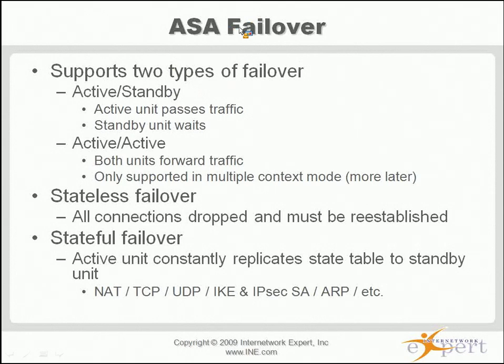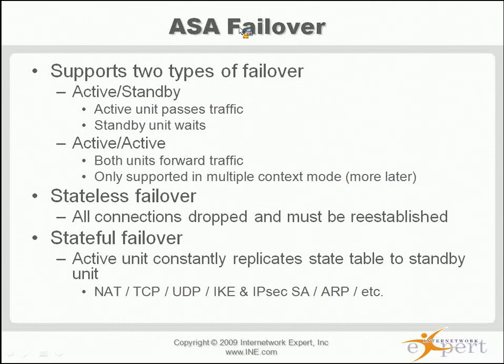Again, a little bit earlier, we talked about redundant interfaces, being able to have single interface failover. A certain interface fails, I can use a redundant interface to fail over to a second one. With full box failover, I can fail over to a completely separate ASA.